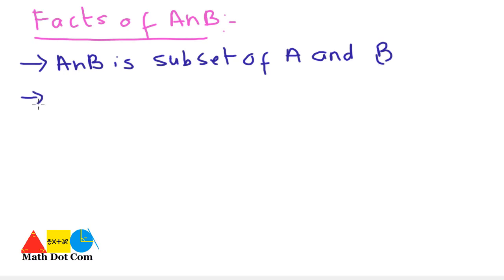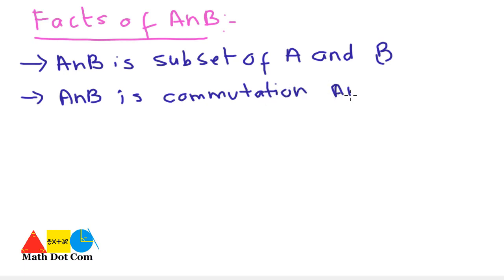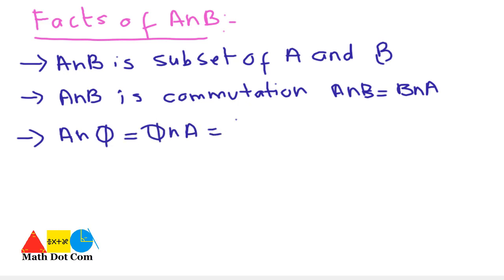Another fact is that A intersection B is commutative. As we have already studied for A union B, A intersection B is equal to B intersection A. That means order doesn't matter, whether you find the intersection by keeping set A first and then set B, or vice versa. So the order doesn't matter in finding the intersection. Next, if you find the intersection with any empty set, then the answer will always be empty.